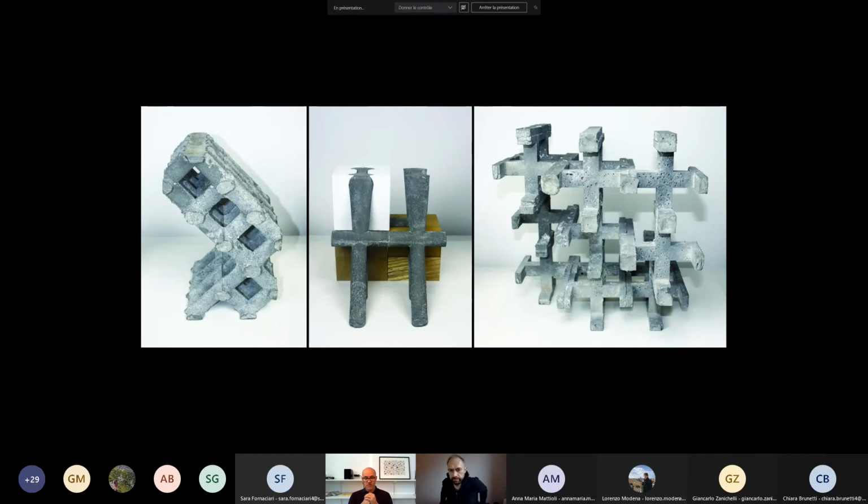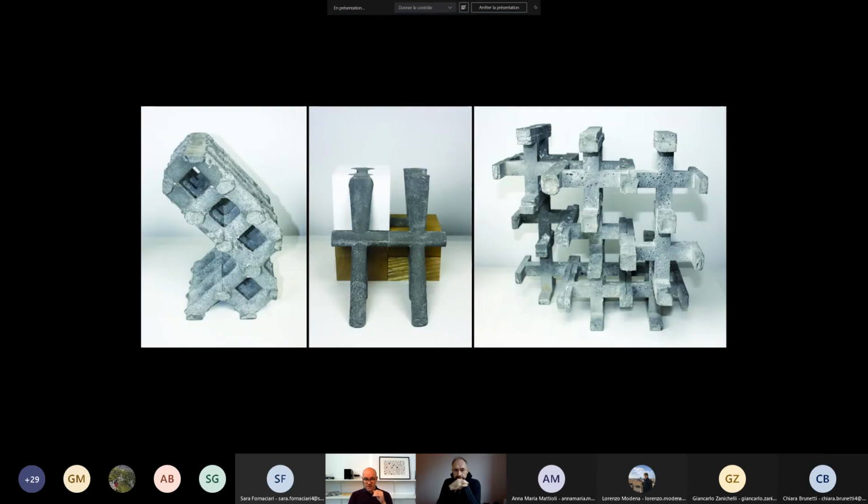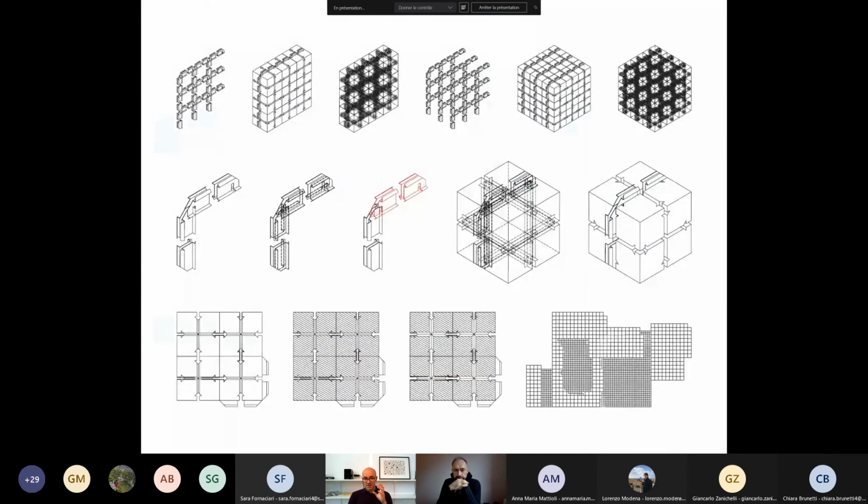So maybe a way to add additional stiffness is to pour into those cubes some fiber reinforced concrete. Again, it was about trying to create a continuous mesh of concrete within this continuous network of cubes.